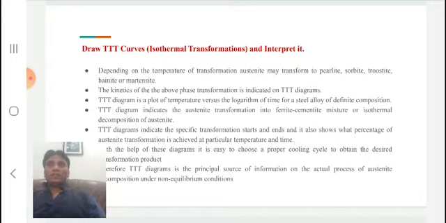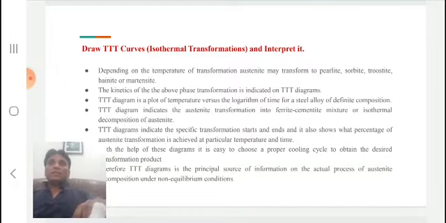Depending on the temperature of transformation, austenite may transform to pearlite or sorbite, troostite or martensite. The kinetics of the above phase transformation is indicated on TTT diagrams.